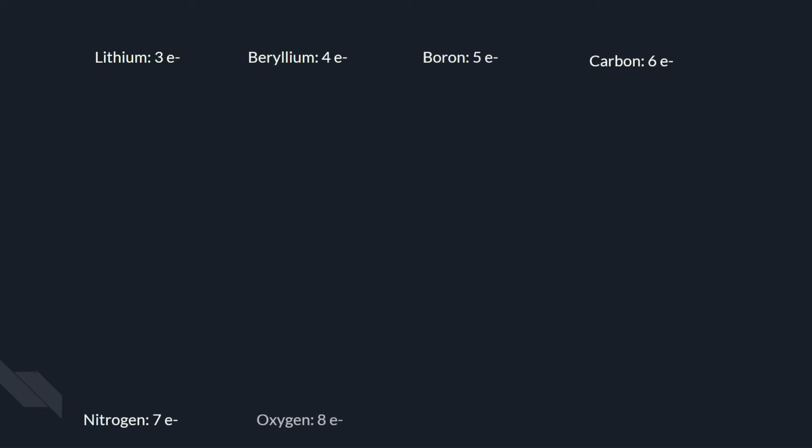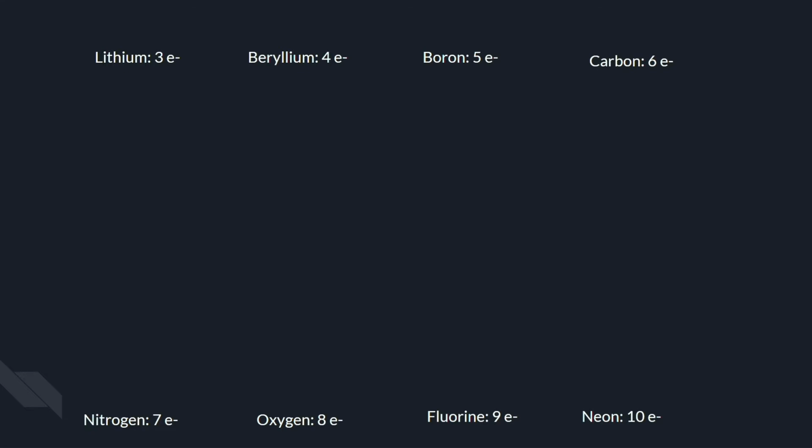Here's a small task that I would want you guys to try. I've got lithium, beryllium, boron, carbon, nitrogen, oxygen, fluorine, and neon, and I want you guys to try to draw the atomic structure of these. Remember from the previous video, we have the cross diagram of these elements, so try to draw these elements out.